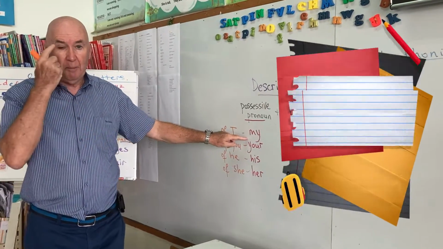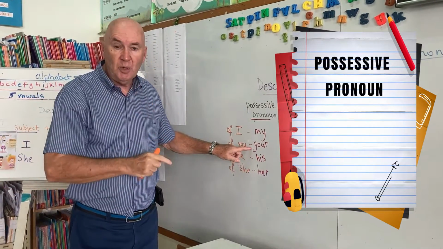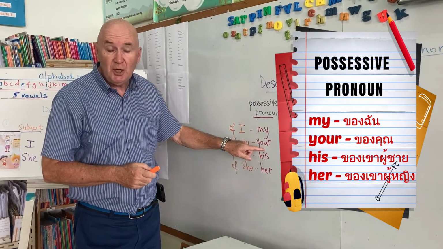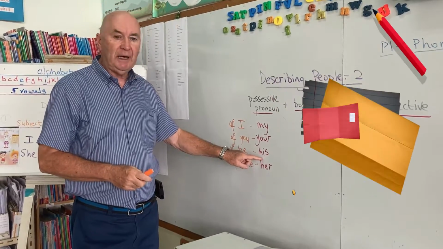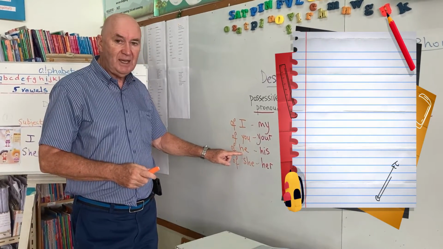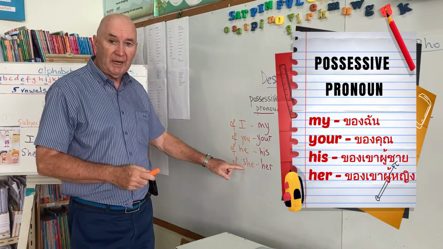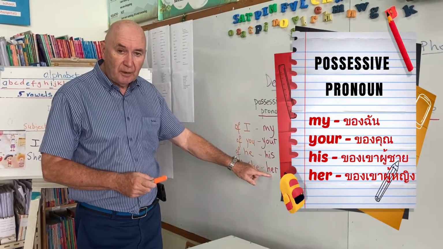So I would talk about my eyes or my nose. If I'm talking about you, then of you, the hair of you, I would say your hair, your nose. And if we're talking about a boy, of he, then I would say his. And we're talking about a girl, of she, I would say her.